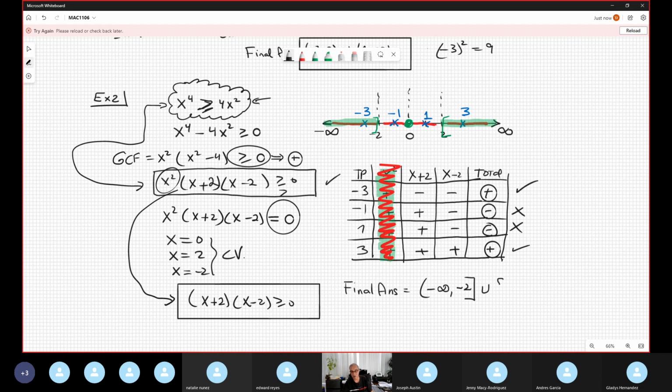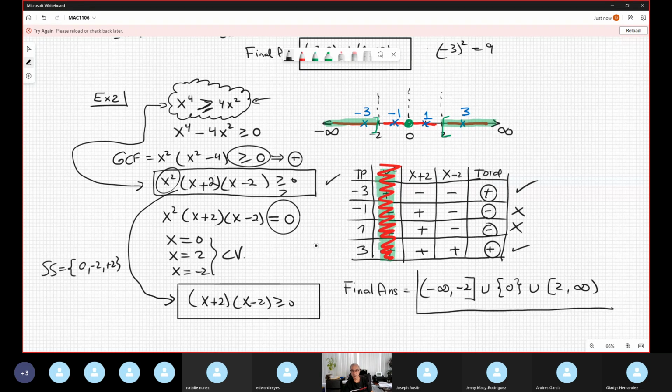So 0 is one isolated point and you put curly brackets. Remember, what is the solution set of this equation? Well, the solution set is 0, -2, +2. You open a curly bracket and separate three solutions by commas. In this case it's only one, but you put a curly bracket because it's not an interval, it's just a point. Union, bracket 2, infinity.